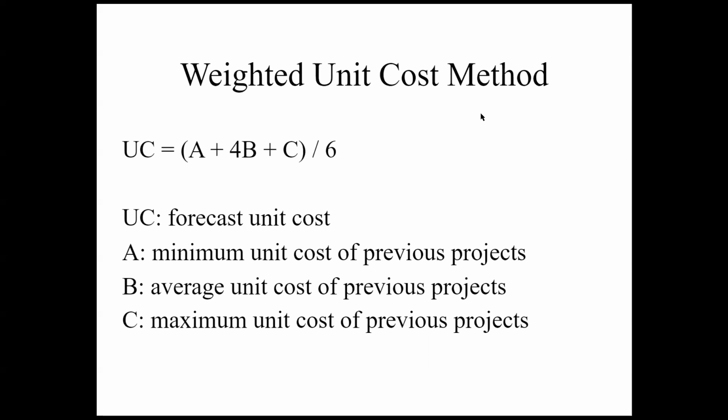So as I mentioned before, UC is equal to 1 times A plus 4 times B plus 1 times C. And since we see 1, 4, and 1 here, we're going to find a unit cost, so we need to divide this by 6. This 6 is equal to 1 plus 4 plus 1. So that is why we divide by 6. We do not divide by 3.